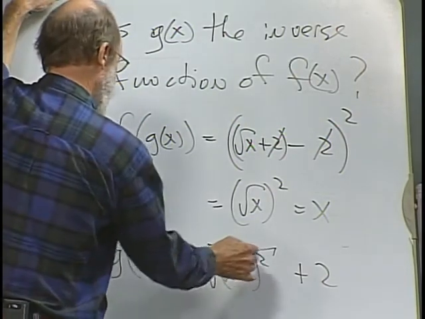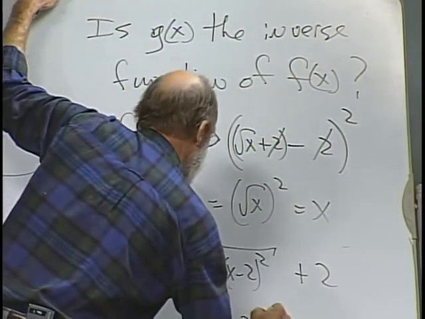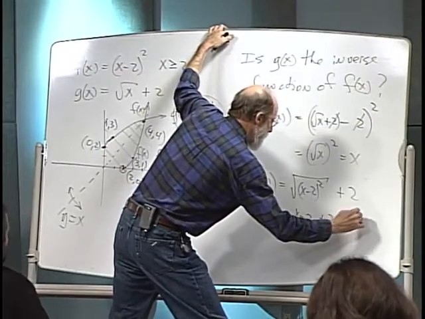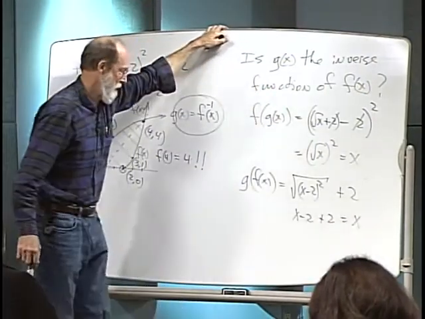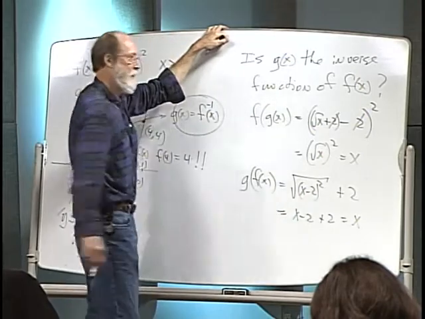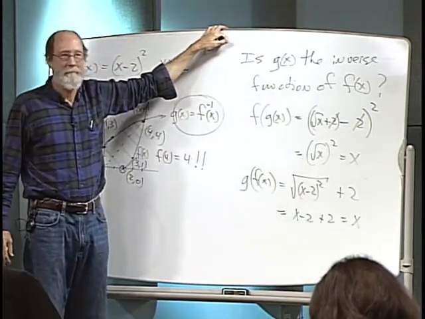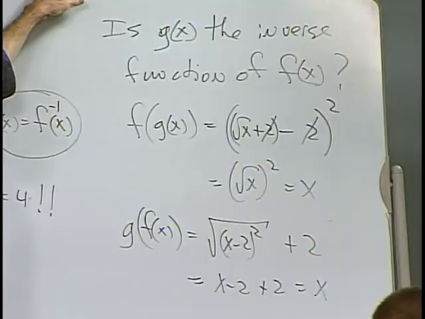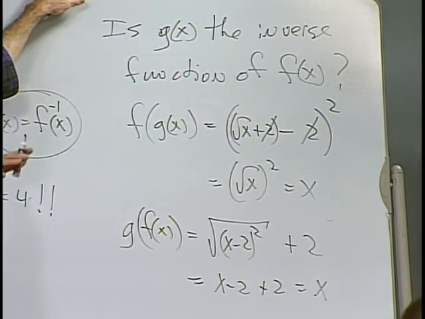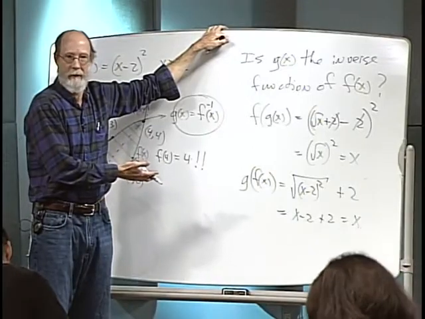When you square root a square, you get x minus 2 plus 2 equals x. Any questions? This is a very important process to understand. The math is not hard, is it?